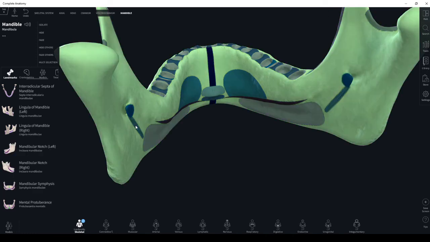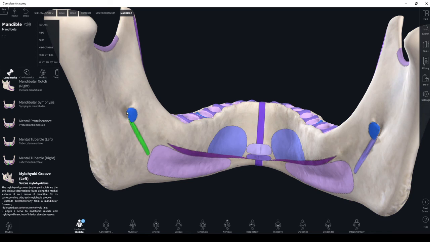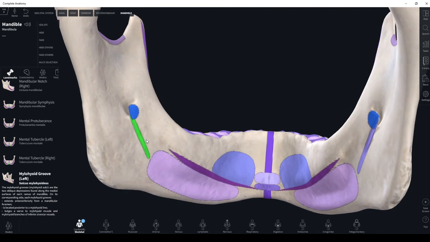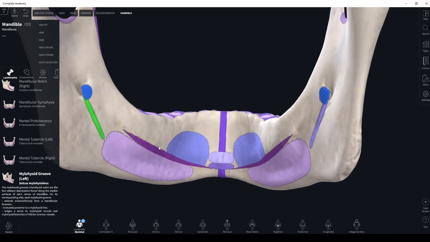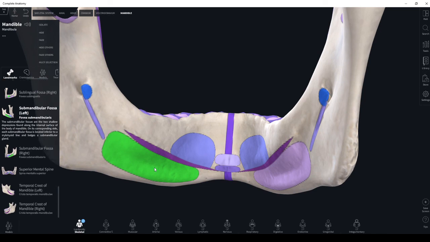The next structure is the oblique line running from top to bottom from the foramen mandibulae and lingula, the myohyoid groove or sulcus mylohyoideus. These are two oblique depressions along the medial surface of the ramus of the mandible, the site of origin or insertion of the mylohyoid muscle, which leads into a wide fossa called the submandibular fossa.